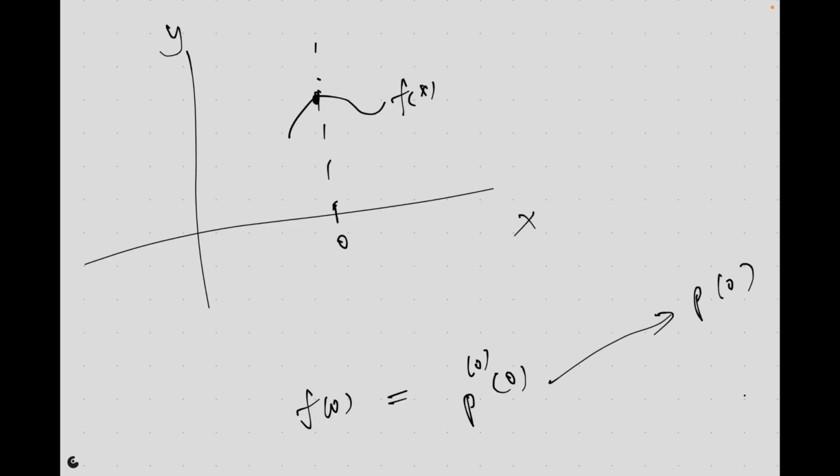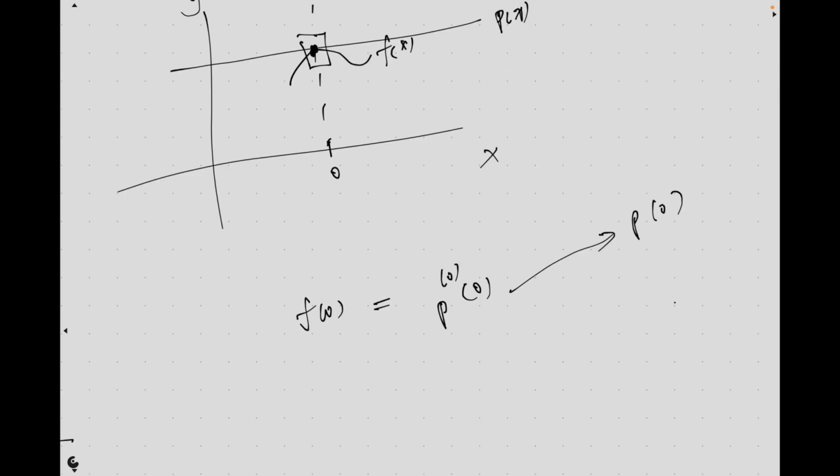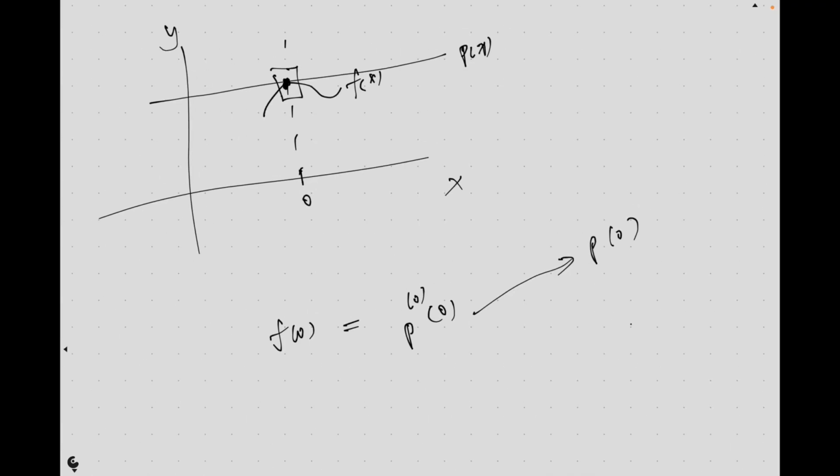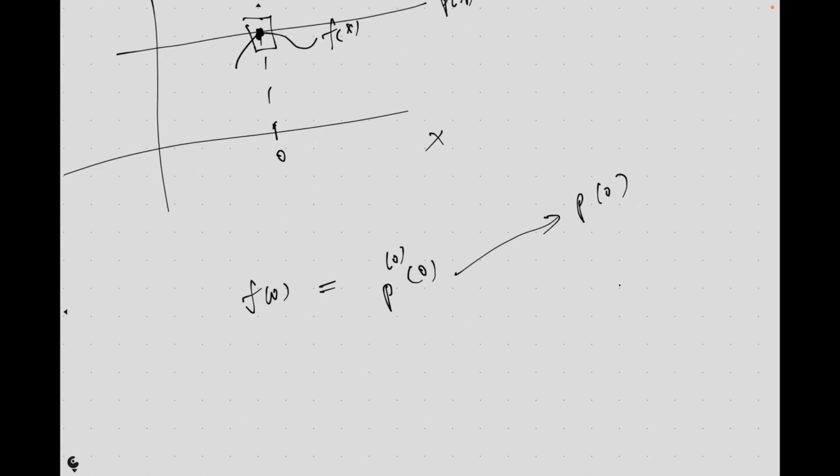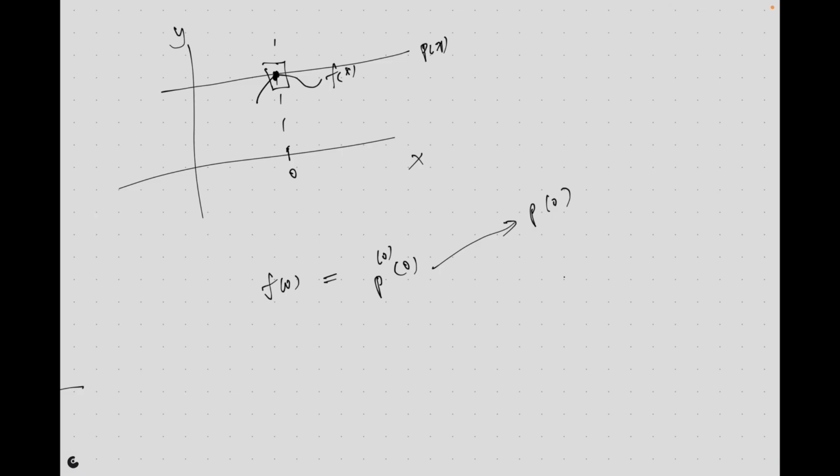Can we say that p of 0 is equal to f of 0? Can we say that around this point, values are similar, and at exactly 0, their values are the same? And if I want to approximate f of x by p of x a little bit better, we could manage something in order to make p of x's first derivative at 0 equal to f of x's derivative at 0.